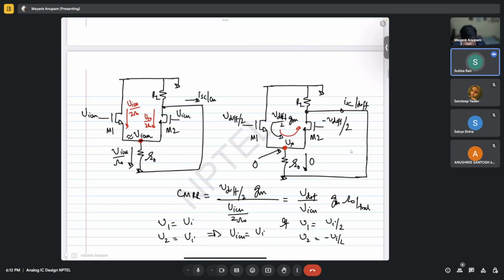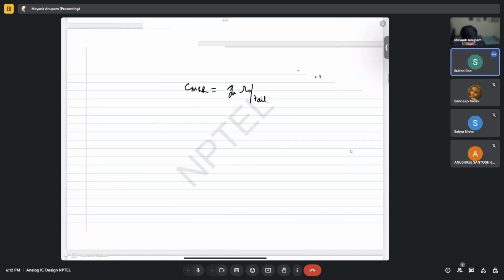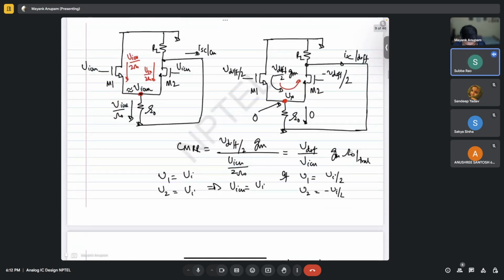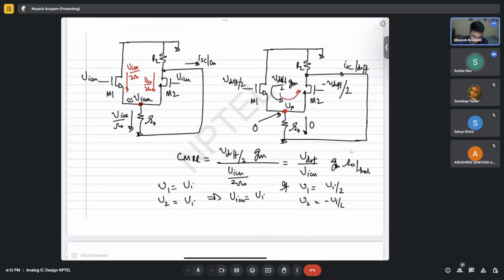If you see the differential gain, which is in the notes itself, differential gain is GM times RL, right? GM by 2 times RL, isn't it? GM RL by 2, right?